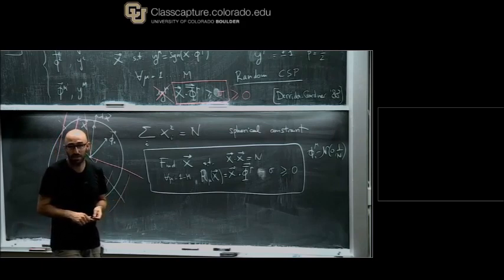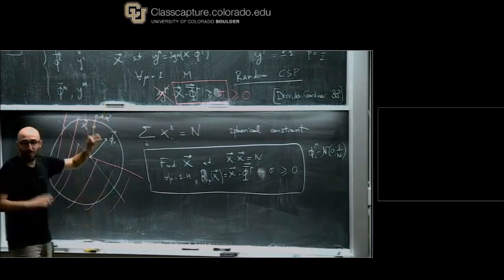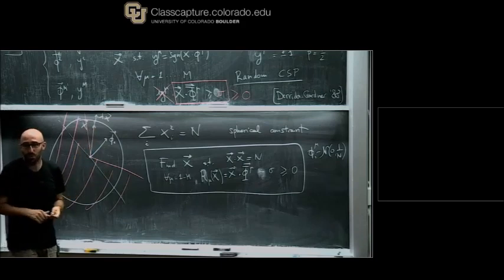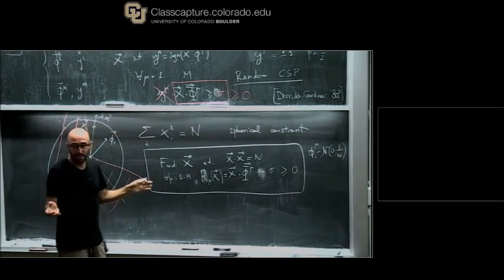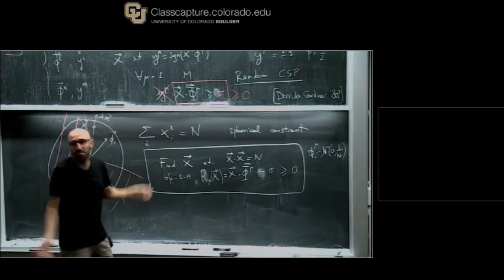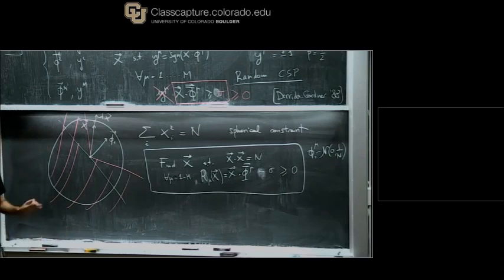Or you can fix that, and choose the y to be all 1, which is another possible choice. In any case, let's say the y are all 1, and the phi I take random.